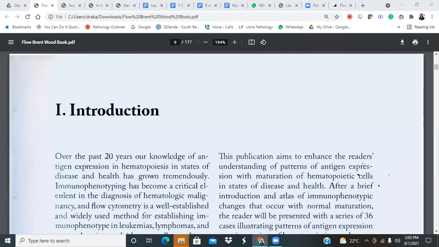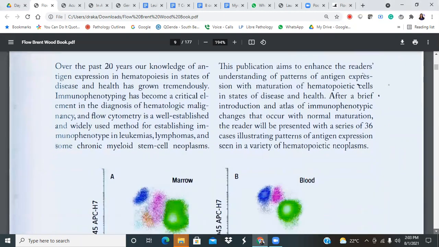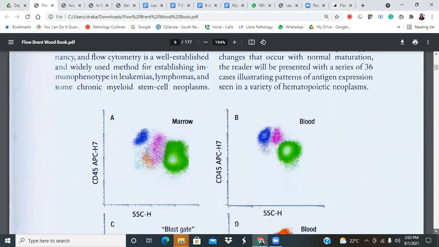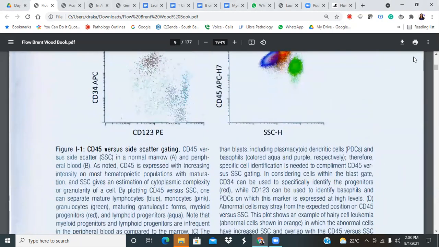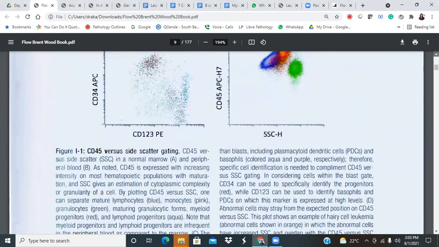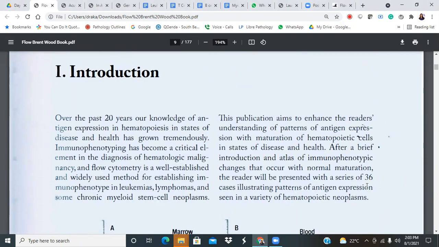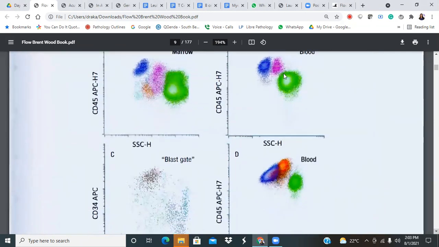Immunophenotyping has become a critical element in the diagnosis of hematologic malignancy, and flow cytometry is a well established, widely used method for leukemias, lymphomas, and chronic myeloid stem cell neoplasms. So the publication aims and so forth, a brief introduction, basically just introducing everything.